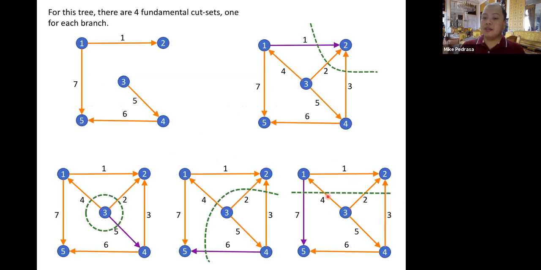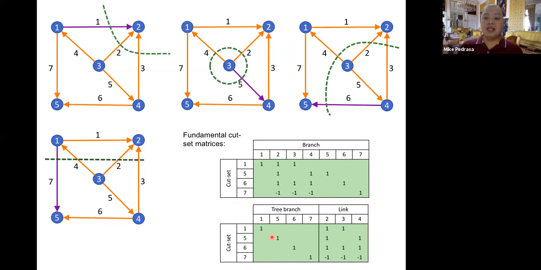And take note that Q sub P is an identity matrix. So since that's an identity matrix, this matrix here is enough. It contains enough information to describe the topology of the network. So imagine, you have a 4 by 3 matrix, a matrix with only 12 elements, and it will tell us how this network is interconnected.